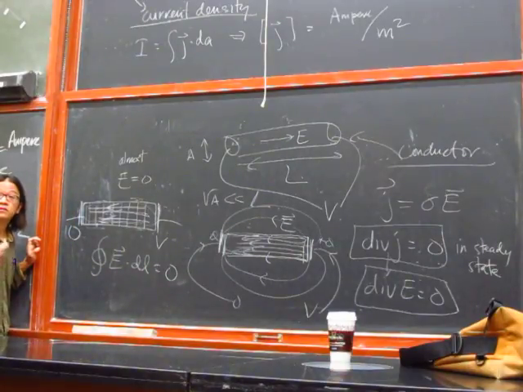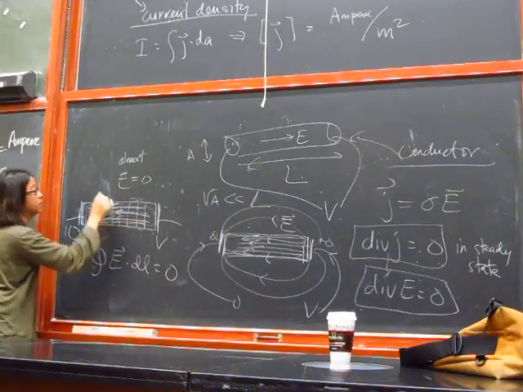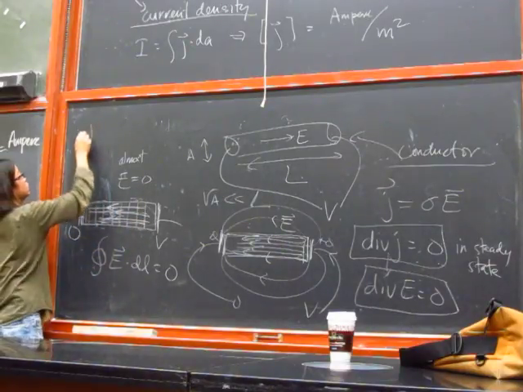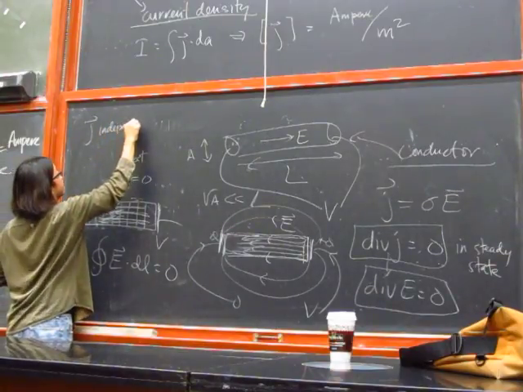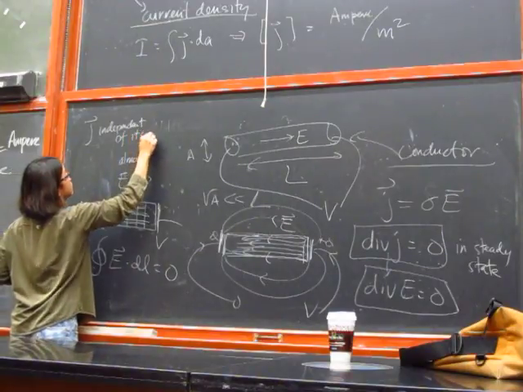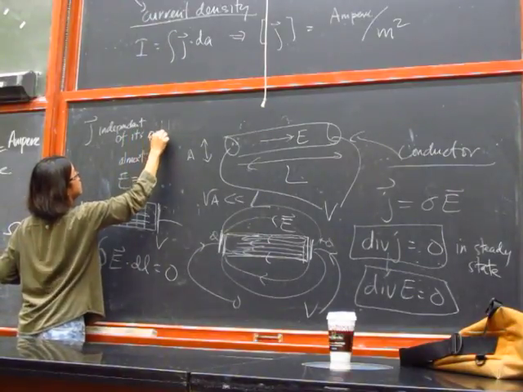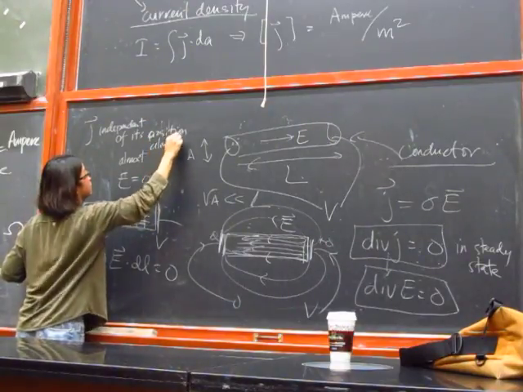So this is only possible if the current density everywhere is the same. So the current density J is independent of cross-section, of its position along the wire.